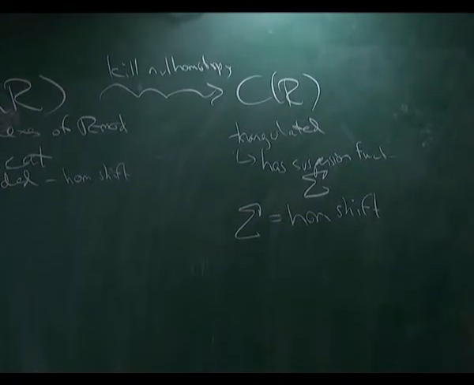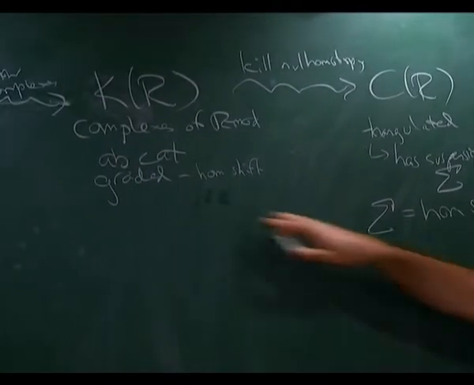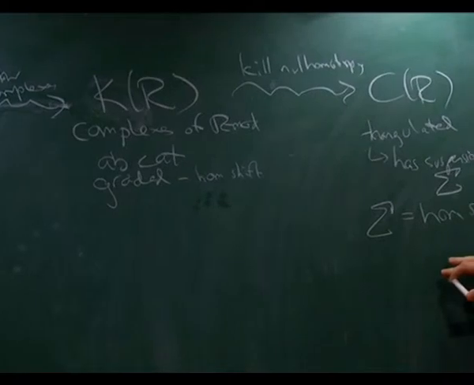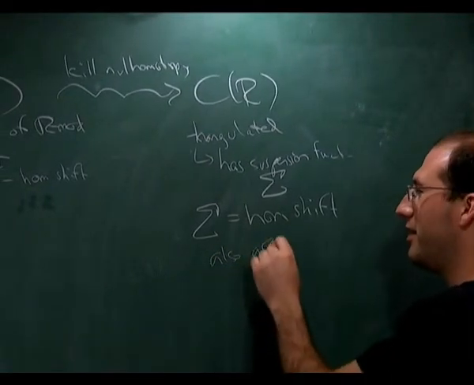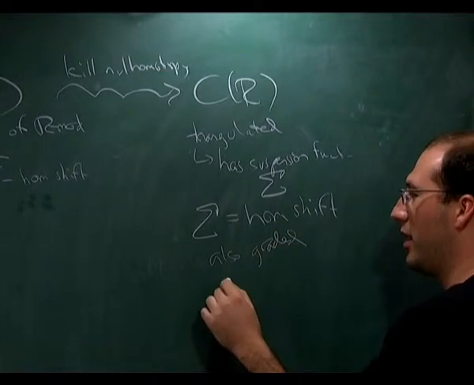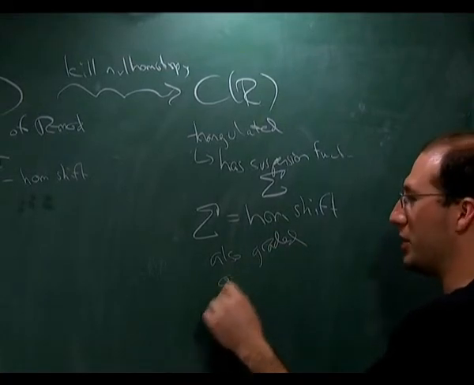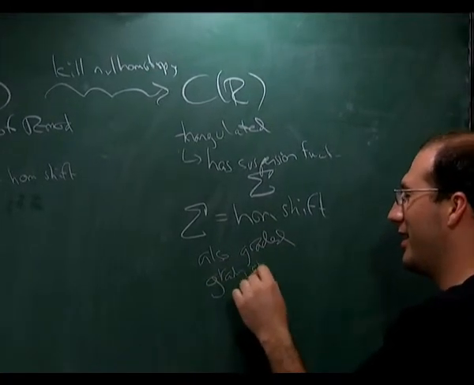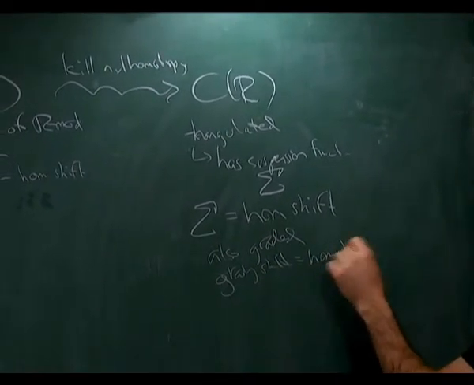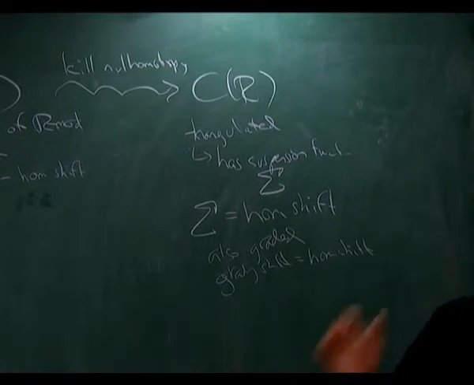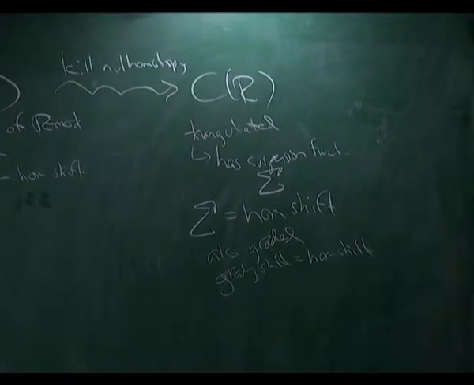I just want to make clear that over here, that's a grading, and over here, it's a suspension. In fact, this is also graded, where the grading shift is homological shift. Okay? This is kind of silly, but it will be less silly soon.